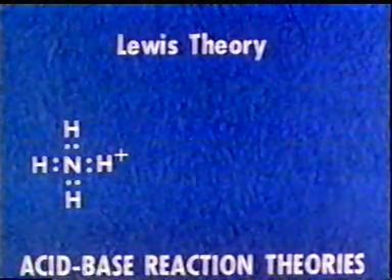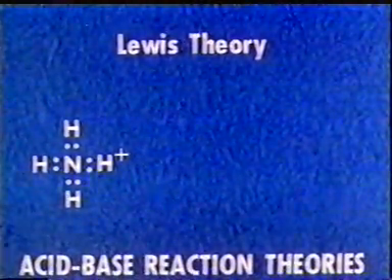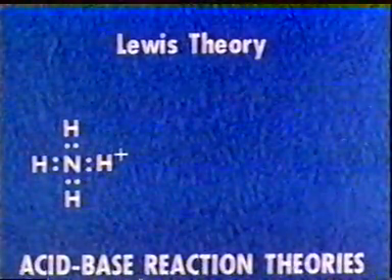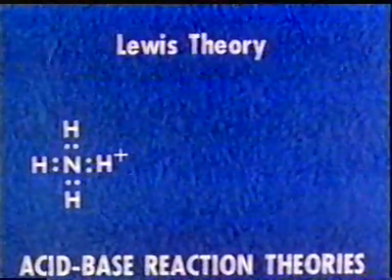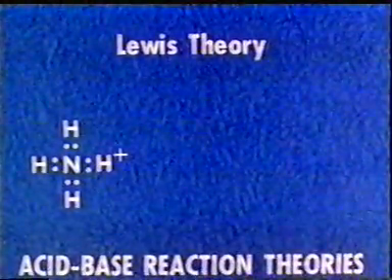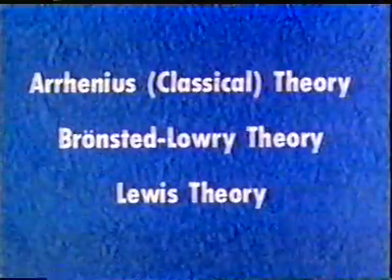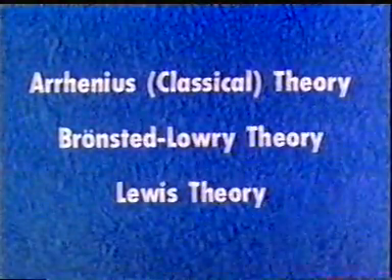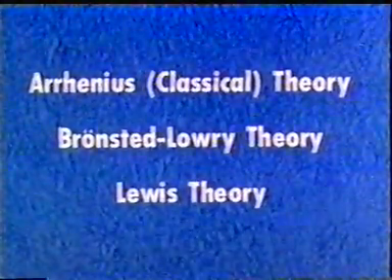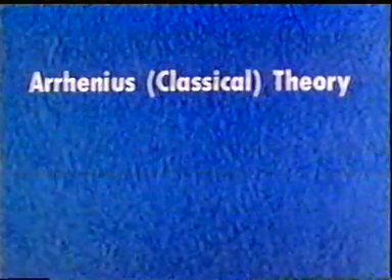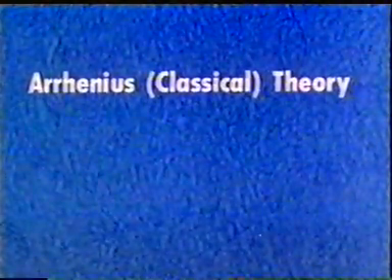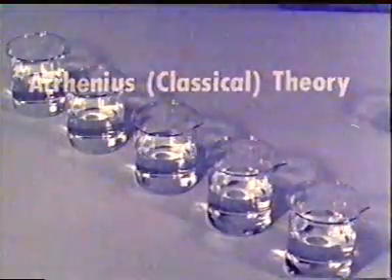Both the Lewis and the Bronsted-Lowry theories explain acid-base reactions in systems other than the aqueous solution system of Arrhenius. Of the three theories we've seen explaining acid-base reactions, we'll use the Arrhenius classical theory, remembering that others do exist.